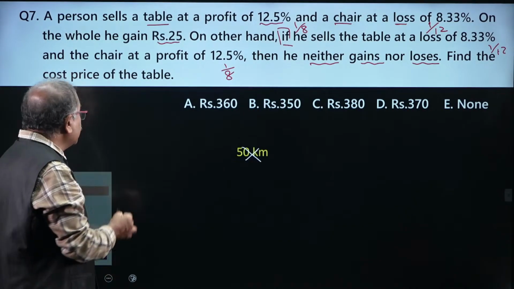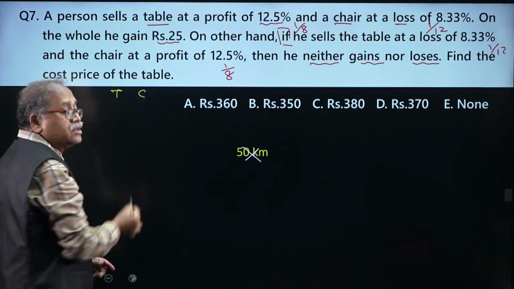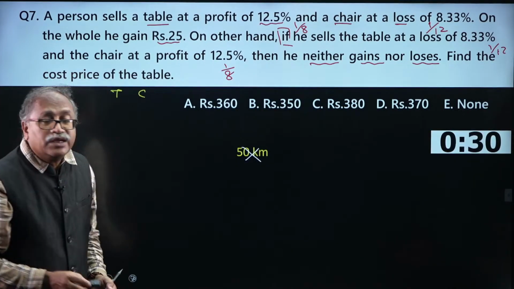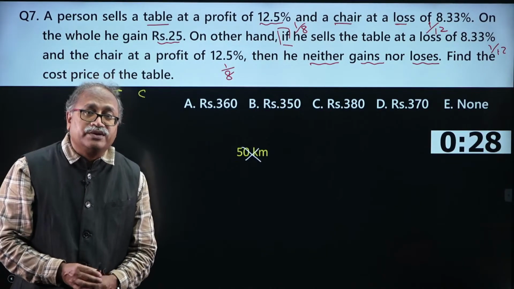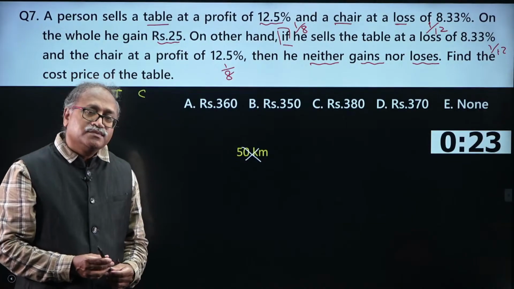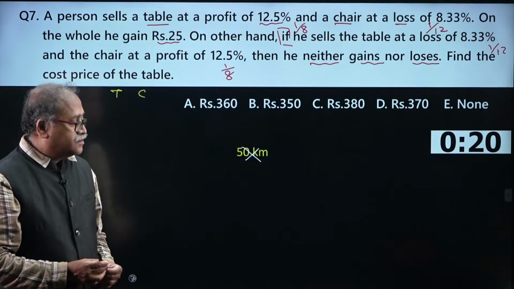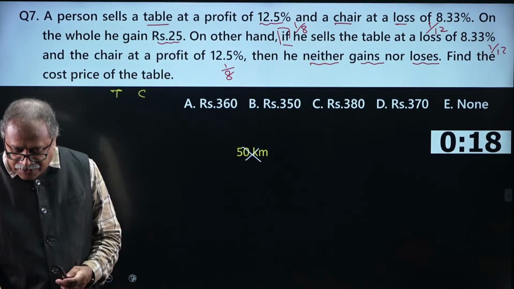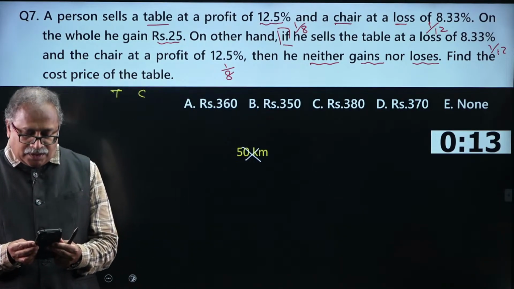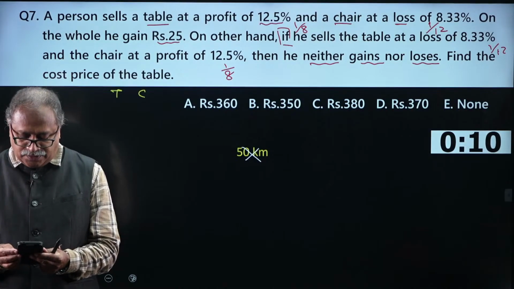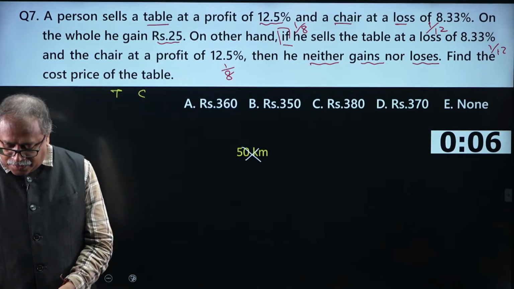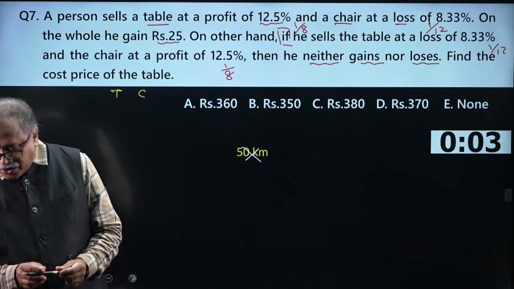I can take the table as T and the chair as C. Come on, my dear friend, try to answer it, or else anyhow I will be giving you the best possible solution. And this will be the last question. As I said, the next will be the current affairs class. Okay. Still time is there at your end.